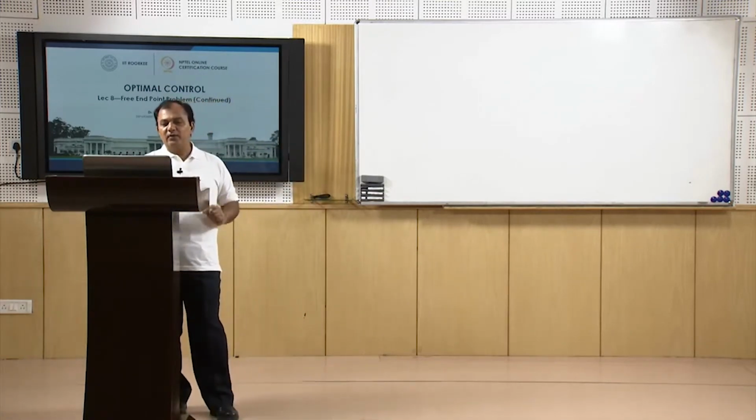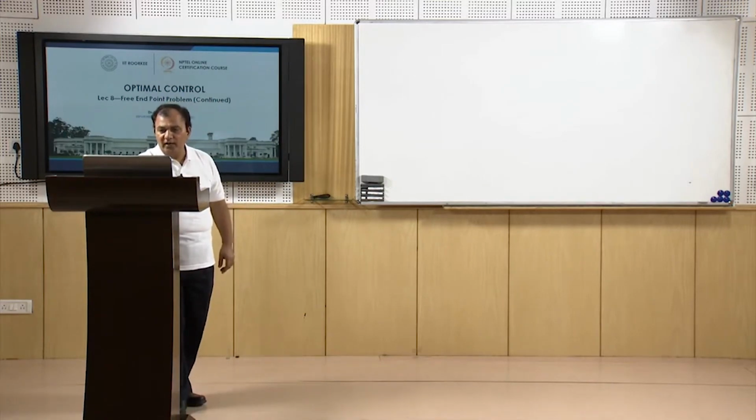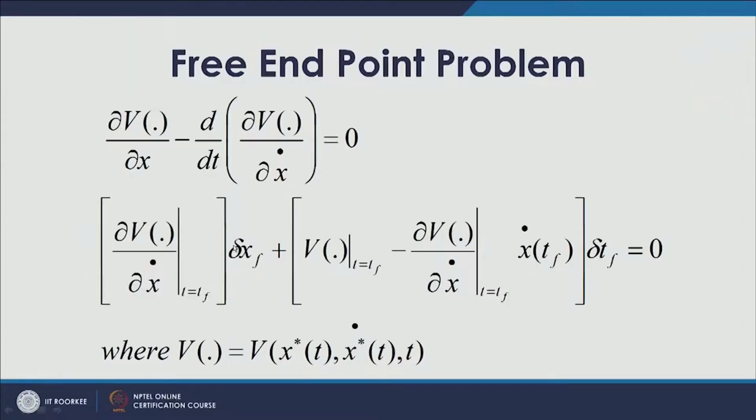The second case we considered is one in which tf was fixed. So, delta tf was 0 and x(tf) was free. In that case, if this delta xf variation is arbitrary, my del V by del x dot will be 0.